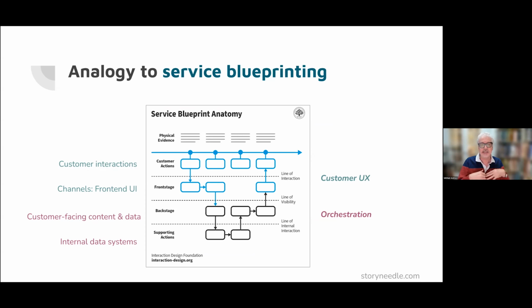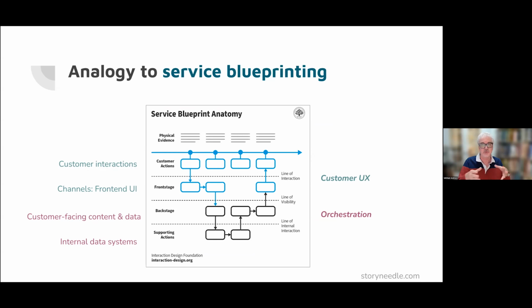But behind the scenes, those front stage elements have to have support from the backstage. So these are different processes that organizations have, different systems that they have. And this really aligns pretty well with how content orchestration works.